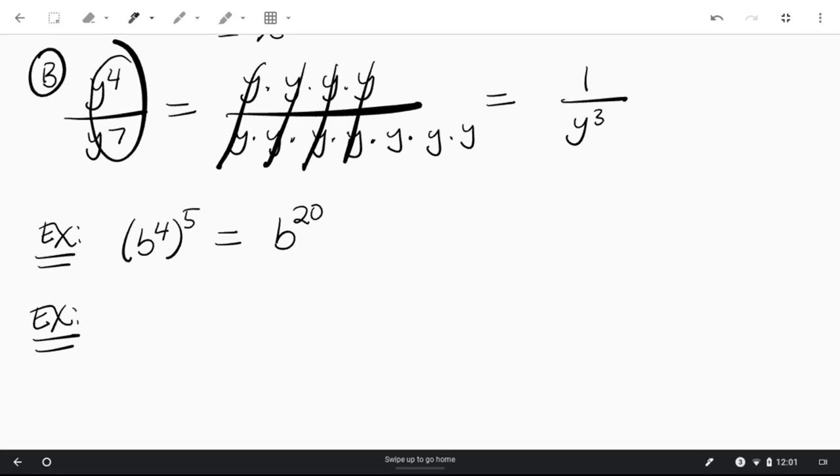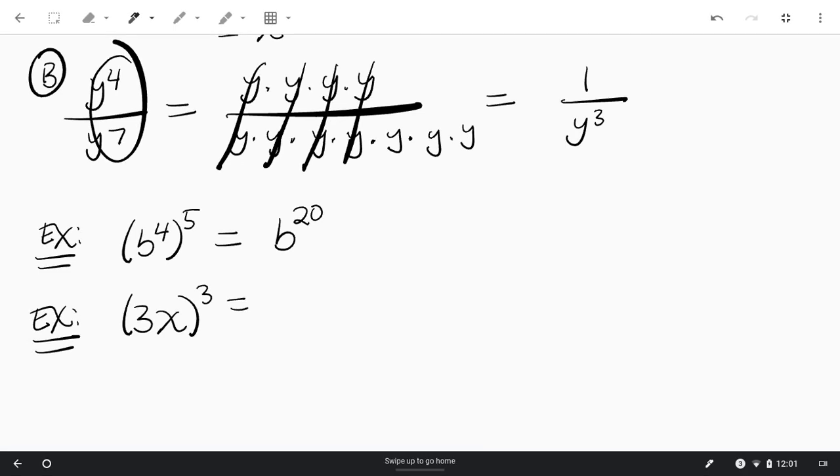Over here, if I have this as my base, 3x raised to the 3rd power, we have 2 things here, as opposed to the top example, b to the 4th, where there's just 1 element. Here we have 2, the 3 and the x. Since they are in parentheses, they will all get their exponents multiplied.